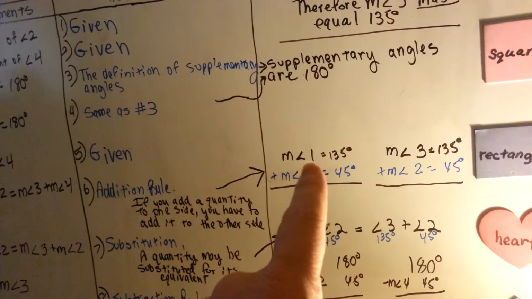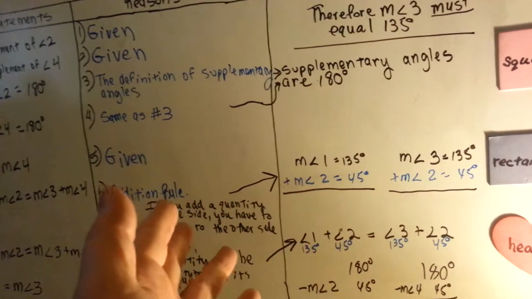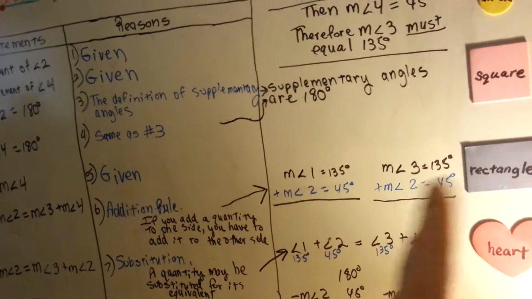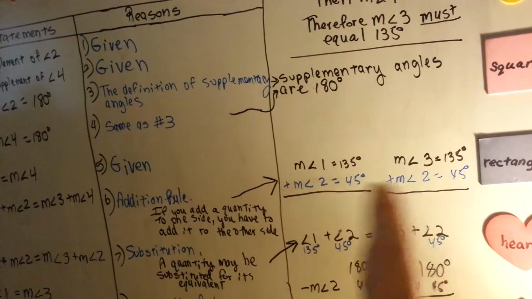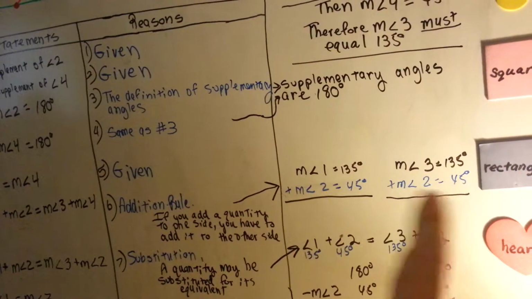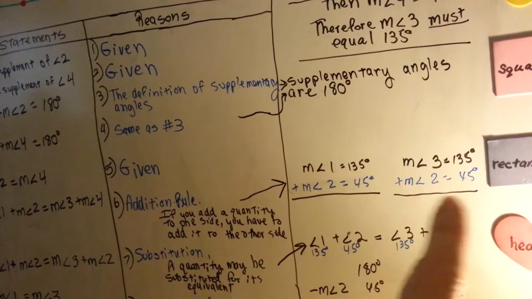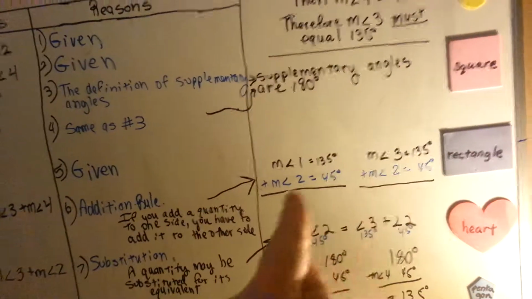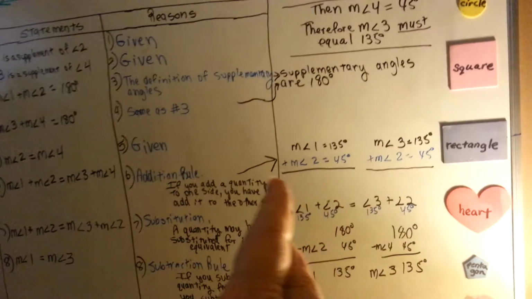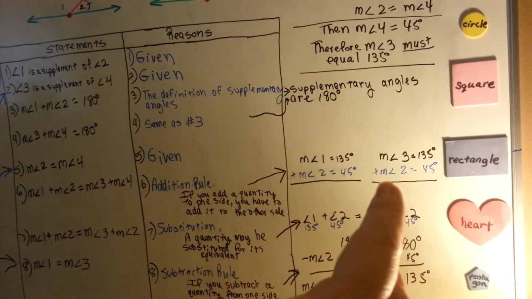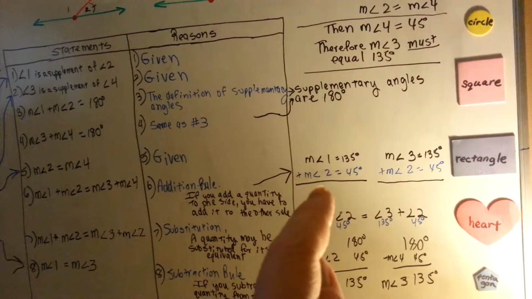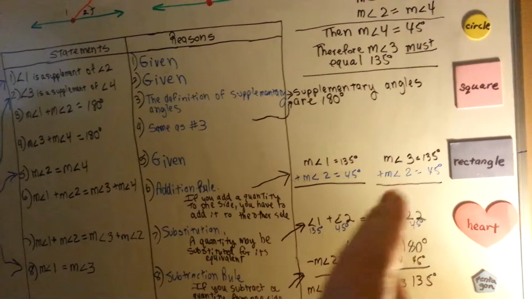If the measure of angle 1 is 135, let's say we're plugging in numbers, and the measure of angle 3 is 135, and we add the measure of angle 2 to each side, the addition rule, when you add the same thing to both sides, they'll both equal 180, even though we don't even have number 4 in here at all. 1 and 2 equals 180, and 3 and 2 equals 180.